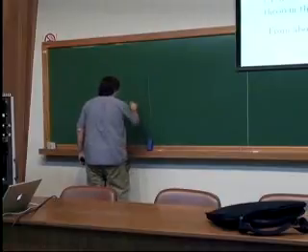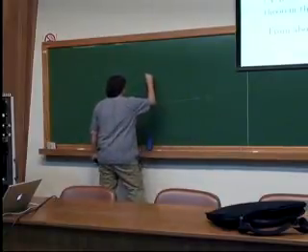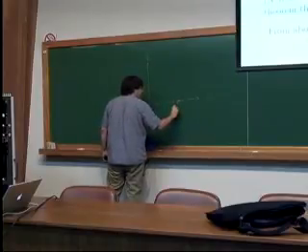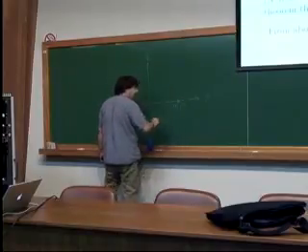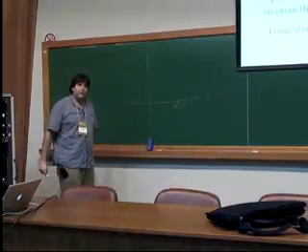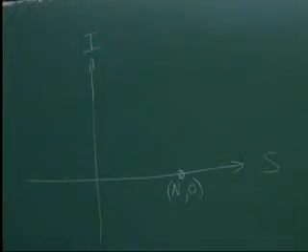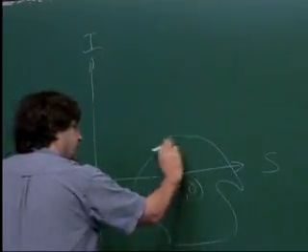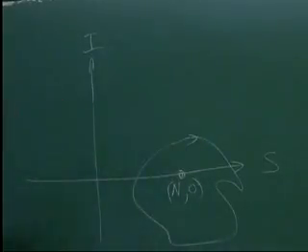Well, we have one equilibrium point, right? Here's S. Here's I. We have one equilibrium point at N 0. So if we have a limit cycle, it has to contain this equilibrium point. So it has to look something like this. Well, we're assuming that R naught, I'm sorry, look at the... Right. Wait, hold on, I'm sorry.